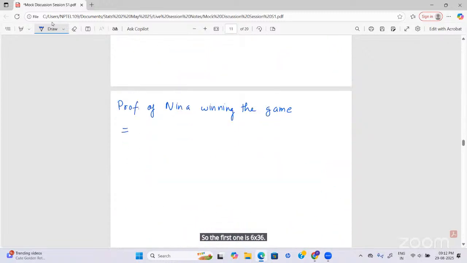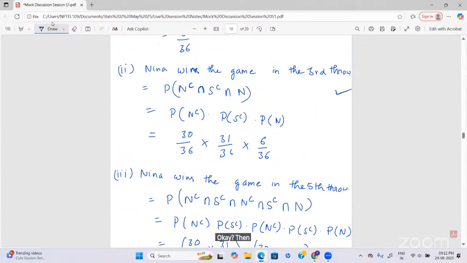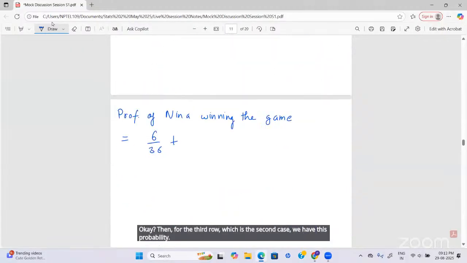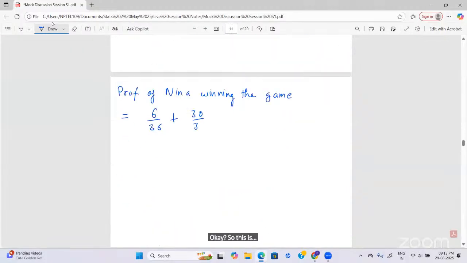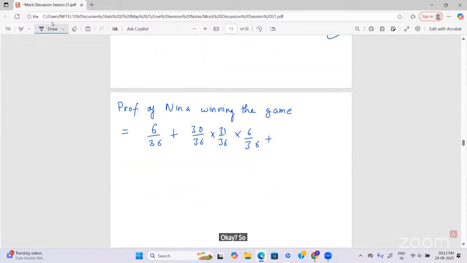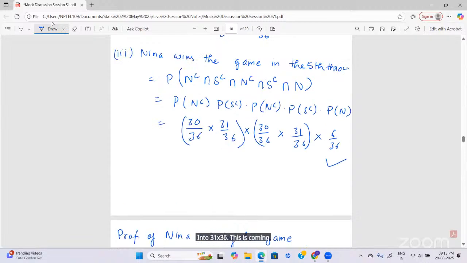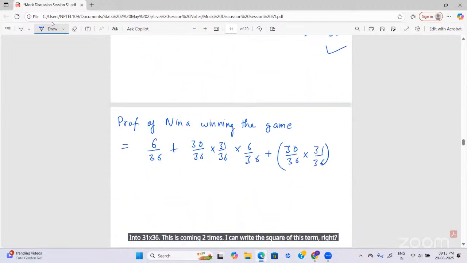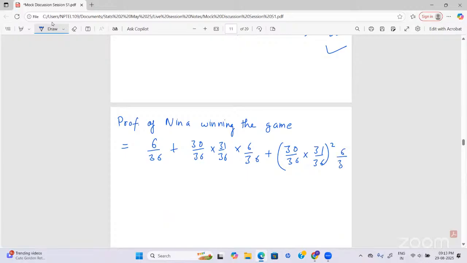Then for the third throw, which is the second case, we have 30 by 36 multiplied by 31 by 36 into 6 by 36. Then the next possibility has 30 by 36 into 31 by 36 coming 2 times, so I can write the square of this term, times 6 by 36. Is this correct?